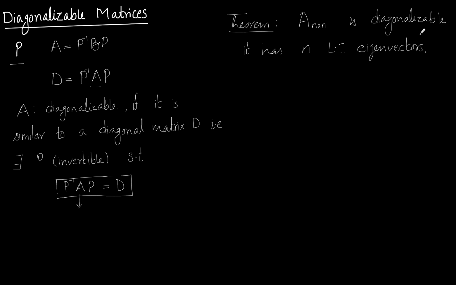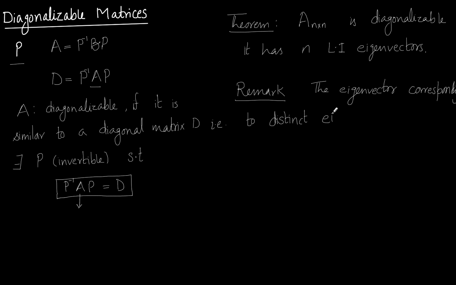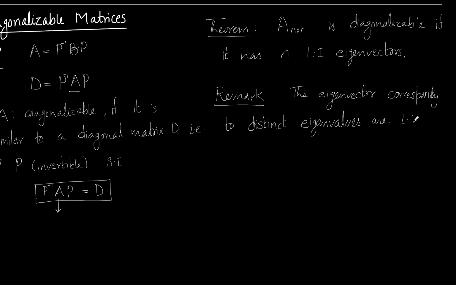So there is a remark about the eigenvectors that the eigenvectors corresponding to distinct eigenvalues are always linearly independent. It means, suppose you have a matrix A whose eigenvalues are 1, 2, and 3. That means you have three distinct eigenvalues.